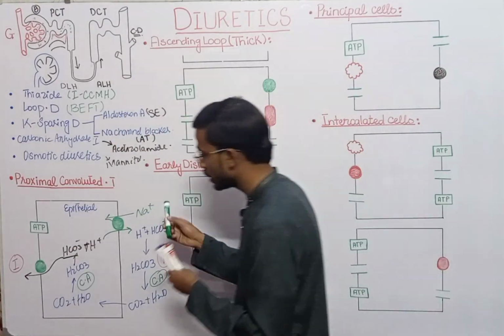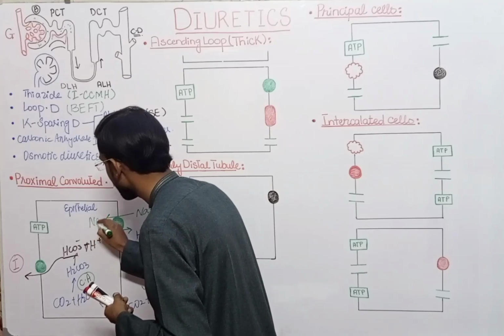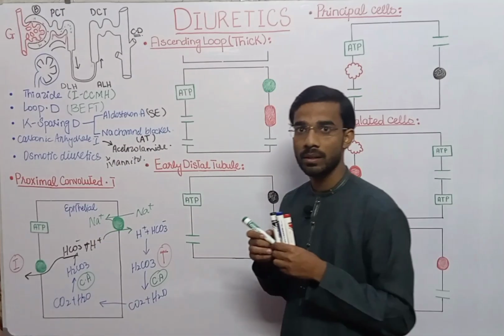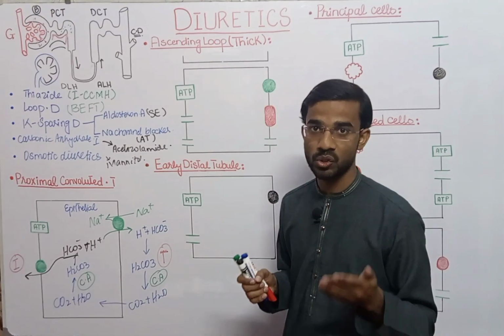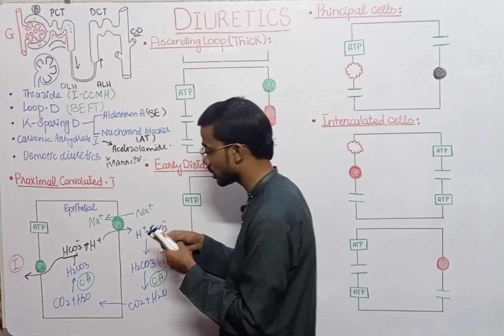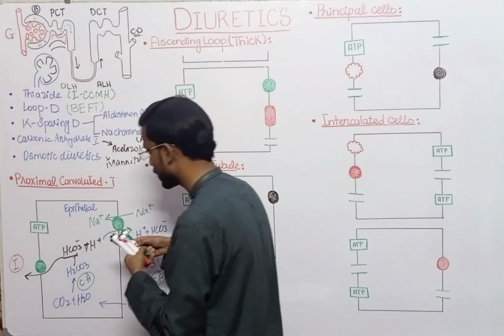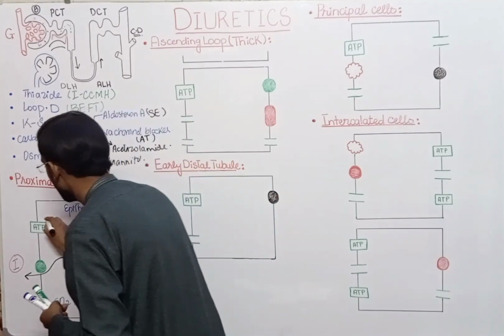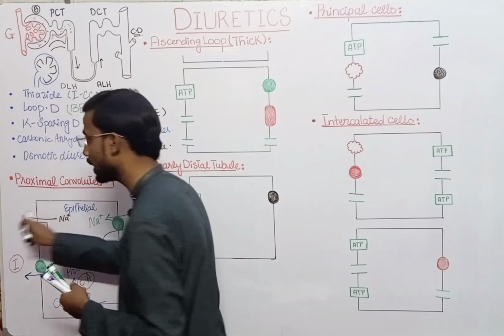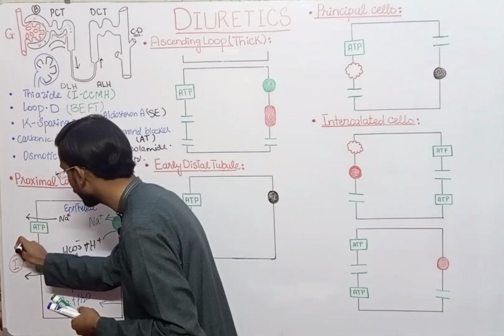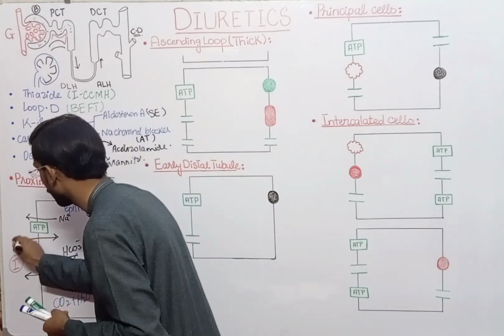Now the sodium which moves inside the epithelial cell, where will it move? The sodium which is present in the epithelium will move outside into the interstitial space, and along with it potassium will move inside.